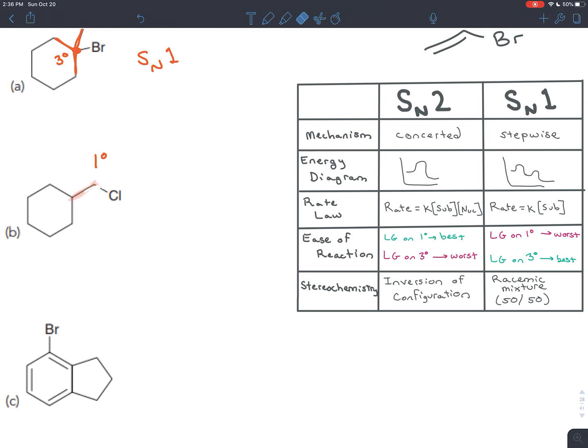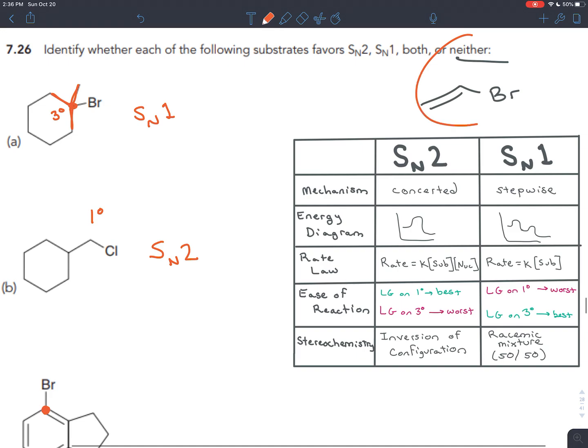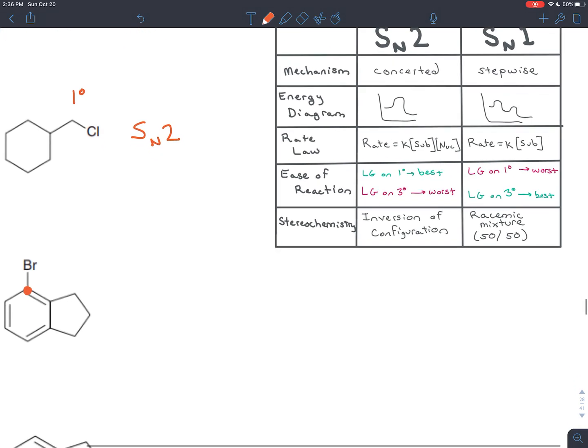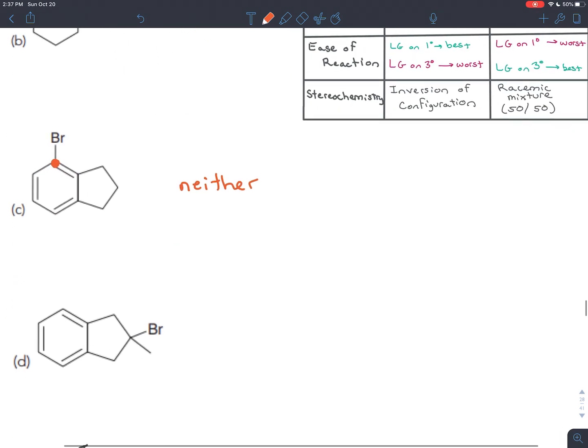This is bonded to just one other carbon, so that's primary. And if the leaving group is on a primary carbon, that favors an SN2 reaction. Here we have the leaving group on a carbon in a double bond, and we said that disfavors substitution, so that would have neither SN1 nor SN2 happening.